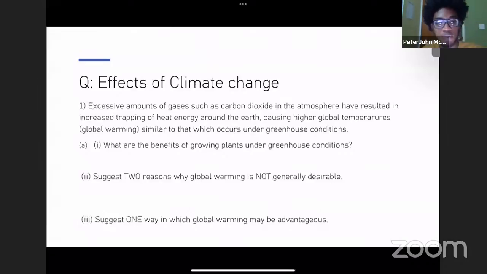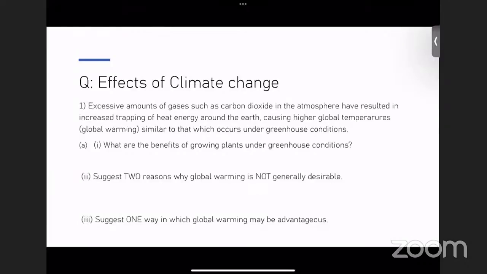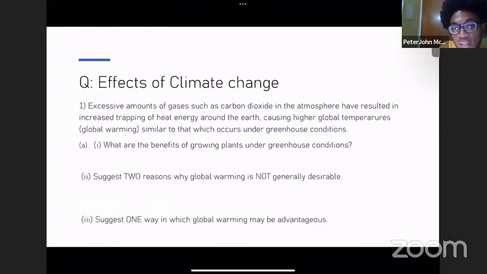Oh no, it's cool, man. Wait, so what was that? Oh, no, I'm about to write it. So, what are the benefits of growing plants under greenhouse conditions? I don't know if we use greenhouses in Jamaica. I'm not a big horticulturalist, but I know that they use them in places like Europe during the winter. Why? The snow is falling outside, but your plants are inside growing just fine.